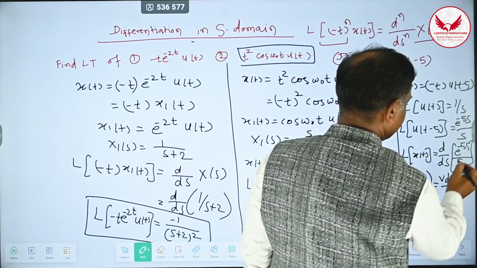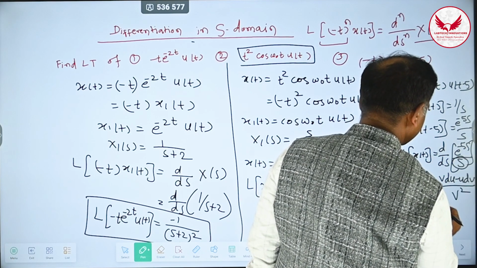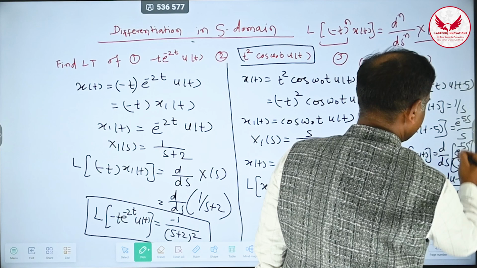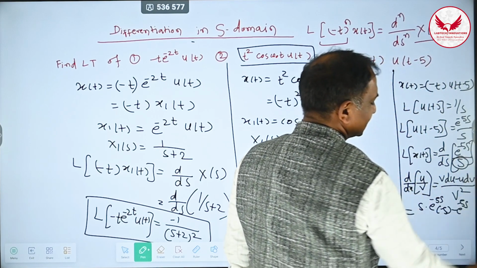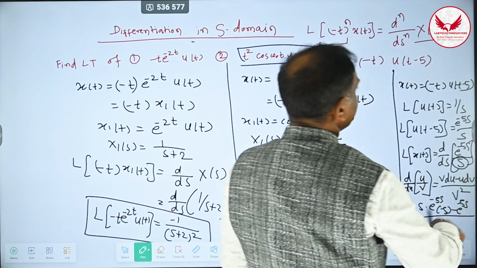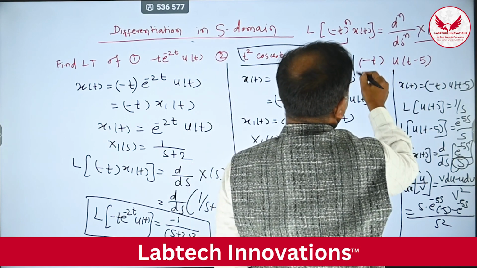So this is equal to s into the differentiation of e raised to minus 5s, which is e raised to minus 5s into minus 5, minus u, meaning e raised to minus 5s as it is, and the differentiation of s with respect to s is 1, divided by s square. So this is the Laplace transform of minus t u of t minus 5.